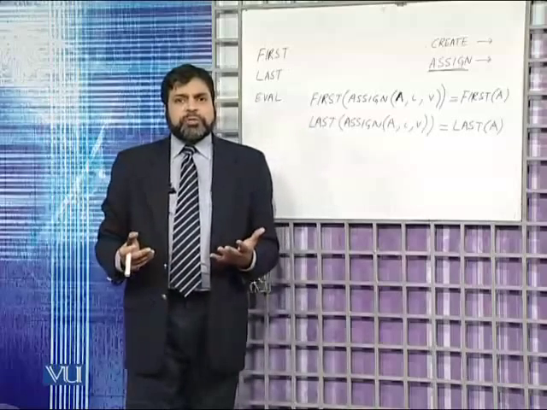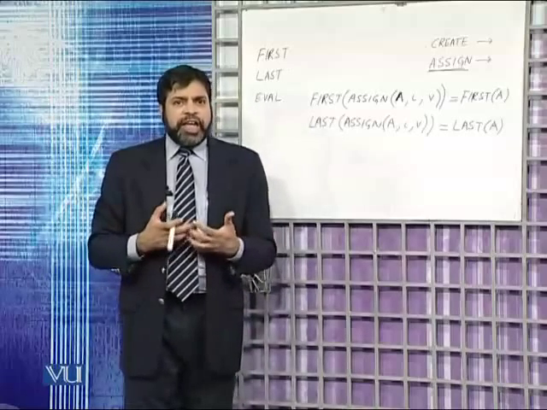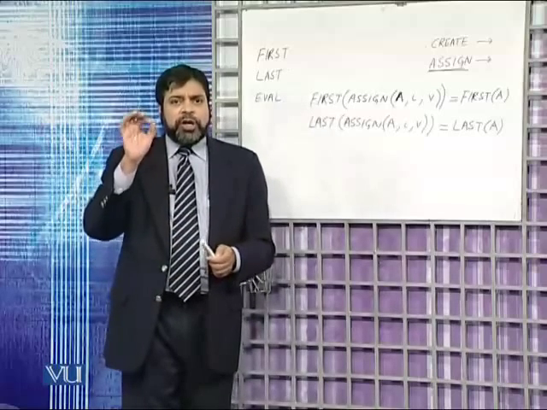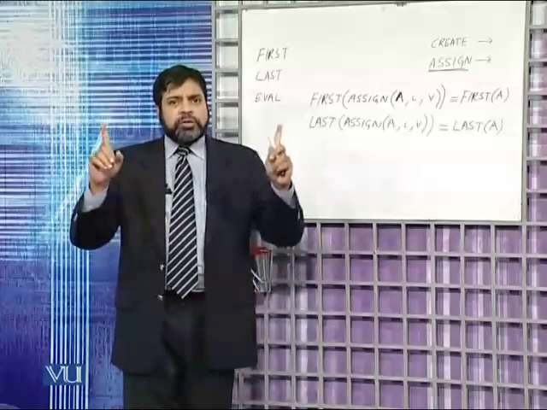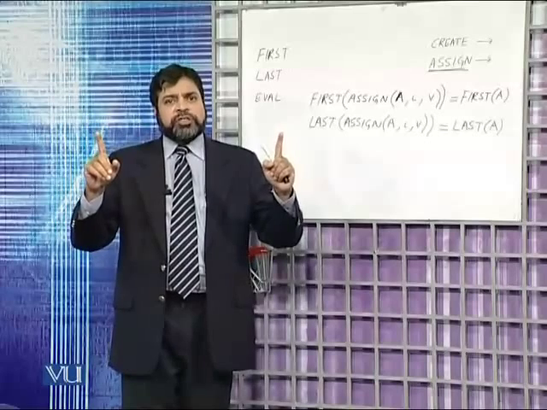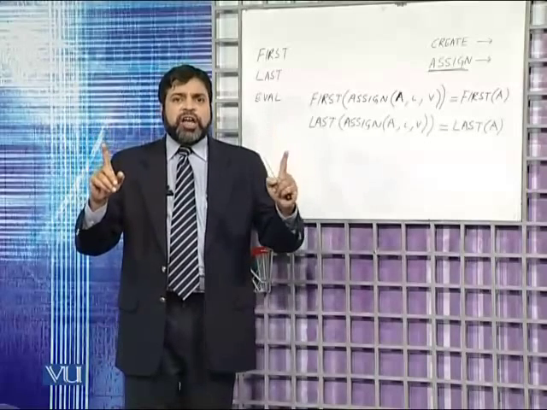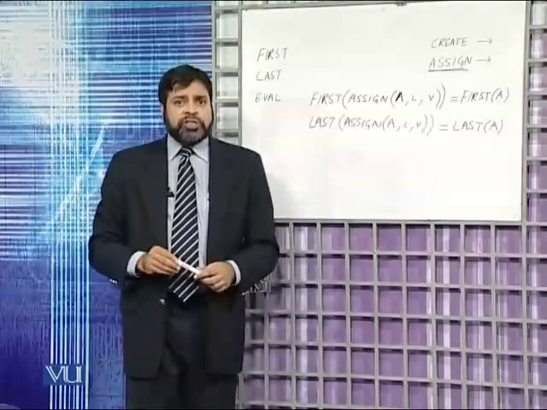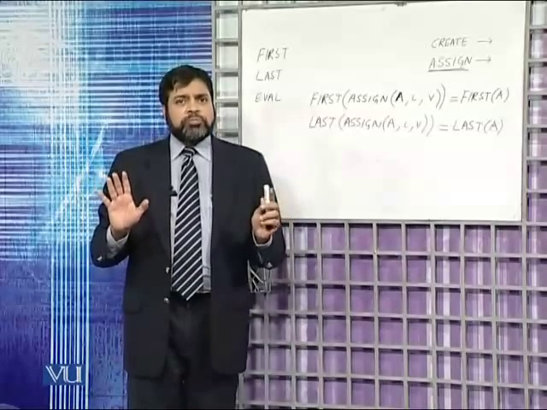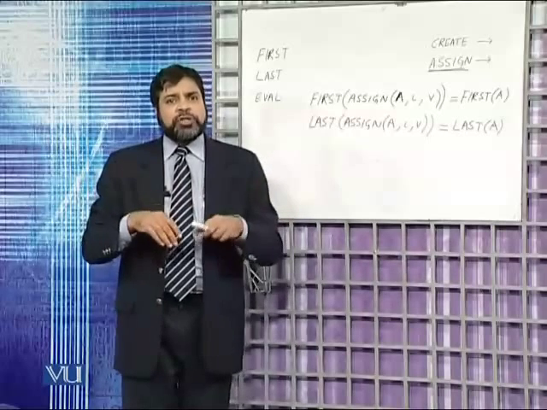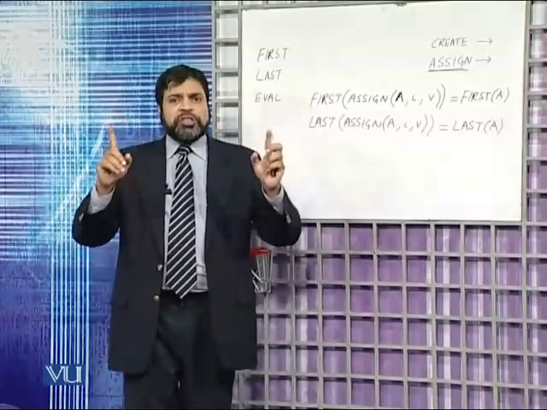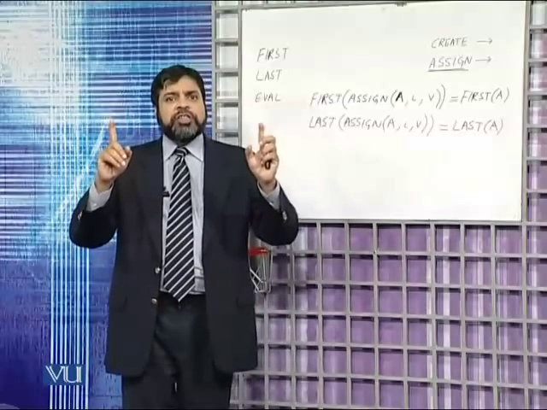So these axioms are telling us that we actually do not change the basic structure by putting an element at an index. The array size remains the same. The first index is the same as the old first index, and the last index is the same as the old last index. We are not yet talking about what happens to the values which have been stored inside the array, but we are just saying the first and the last stay the same.